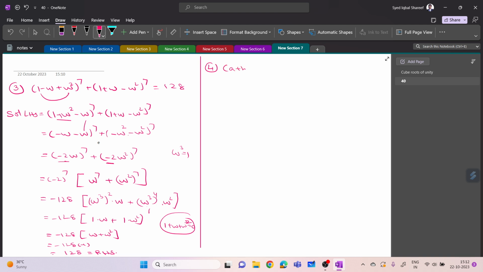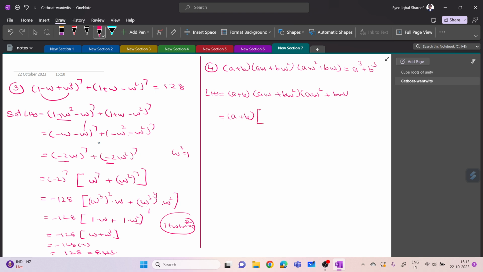A plus B into A plus B omega plus B omega square, A omega square plus B omega is equal to A cube plus B cube. Again, take the left hand side as it is. A plus B, I am not disturbing A plus B as it is.